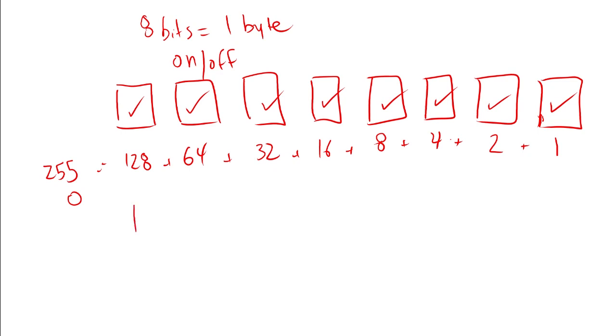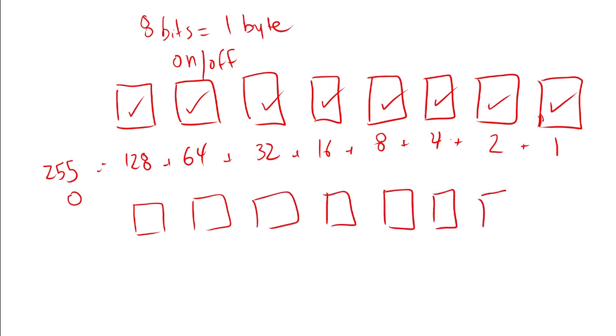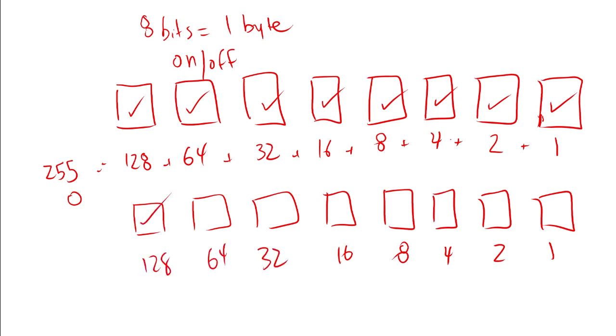But I could do any combination. So 1, 2, 4, 8, 16, 32, 64, 128. Turn this one on, this one on, this one on, this one on. So now it's 2 plus 8 plus 32 plus 128, which is 170.